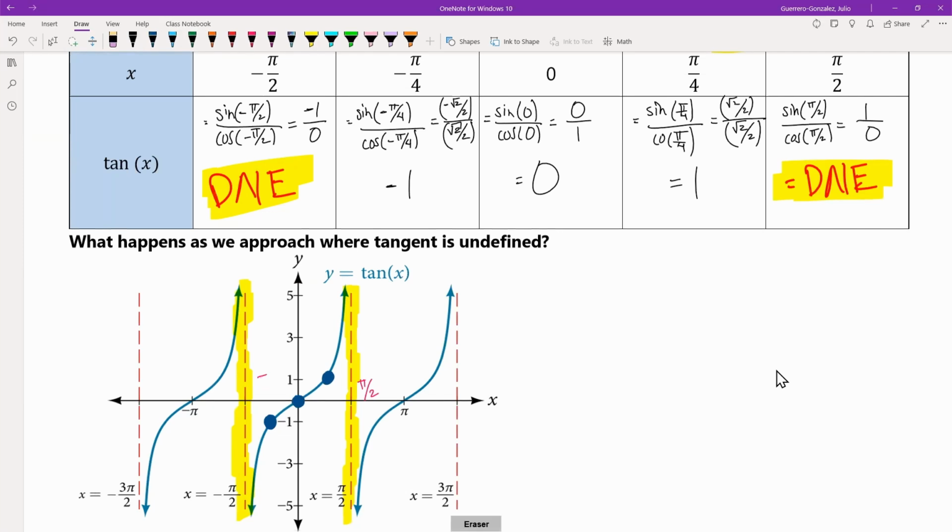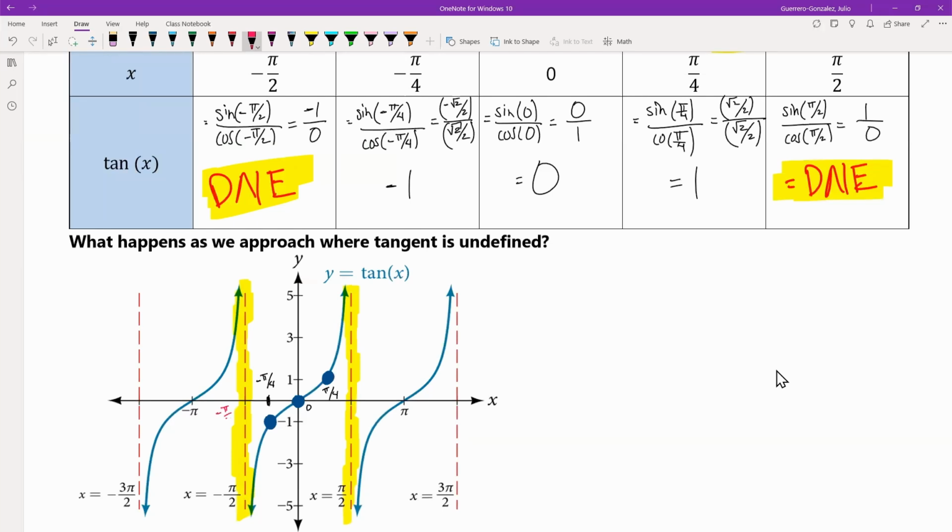Actually, let me move these around a little bit. This one, on the x-axis, is going to be negative pi over 4. This one's going to be at 0, and this one's going to be at positive pi over 4. Let me write these back in.